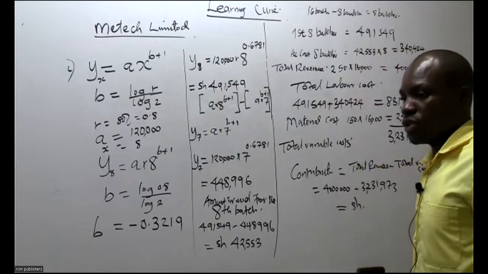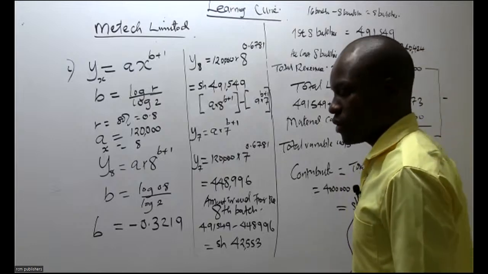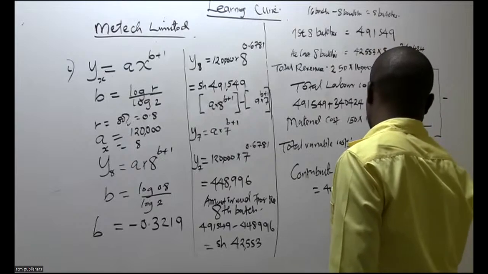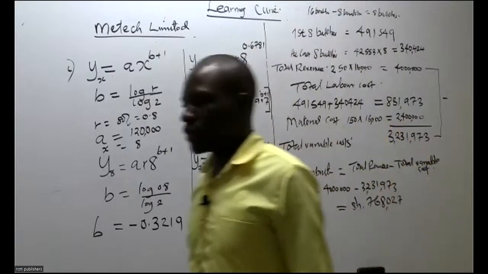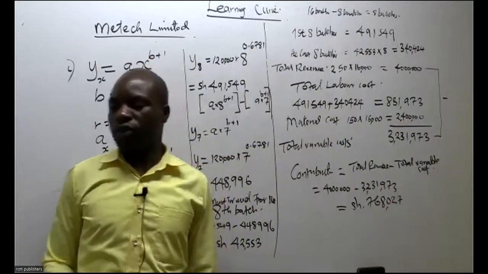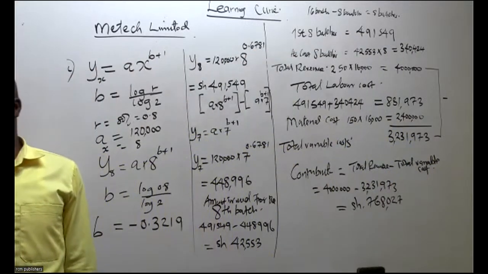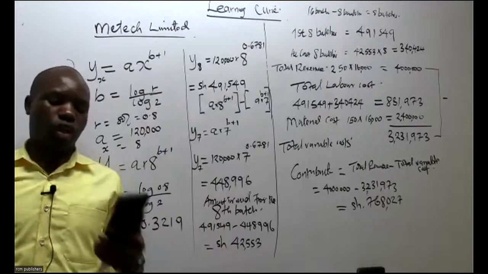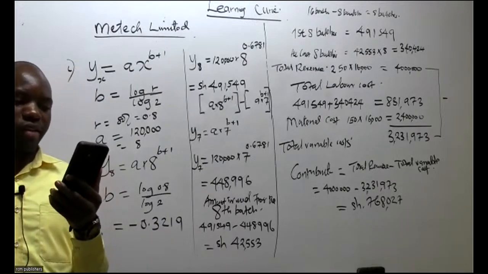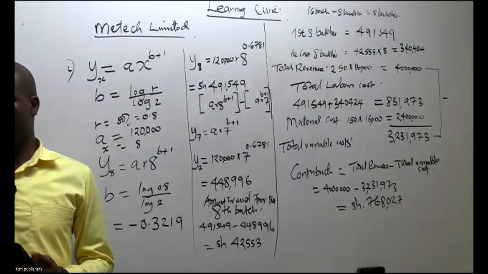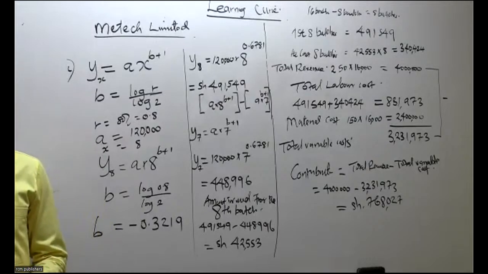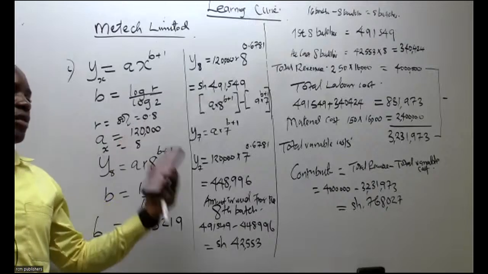What is our contribution? 768,027. So that's what you are supposed to do for you to be able to get those free marks that we were given down there.